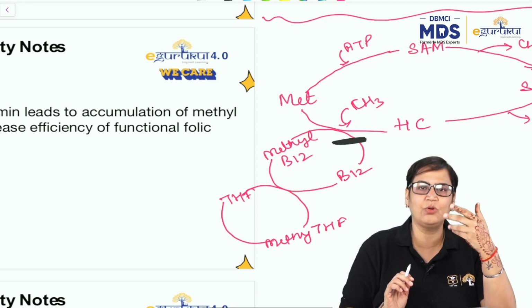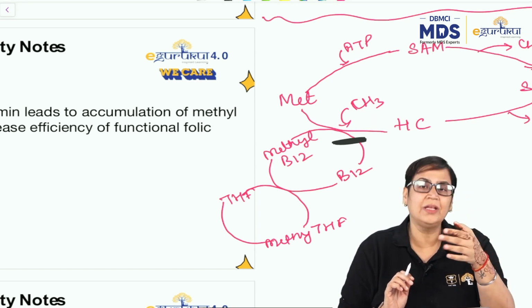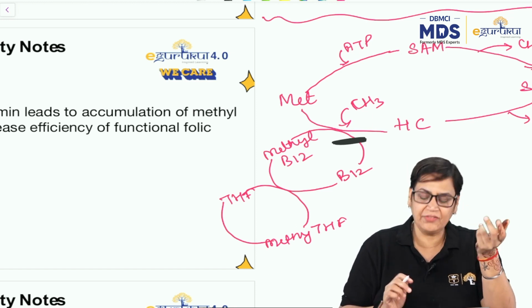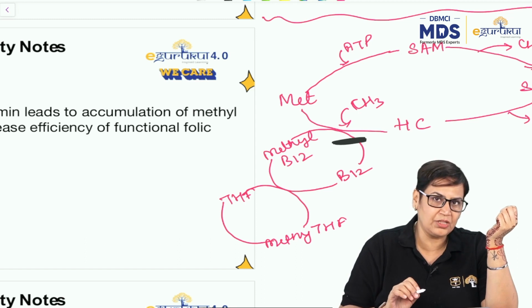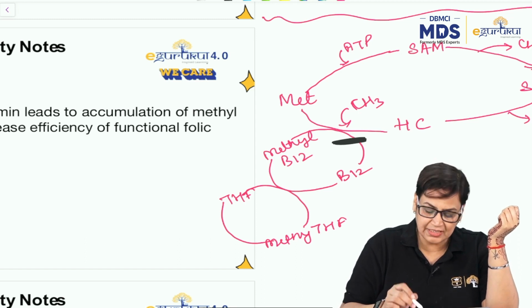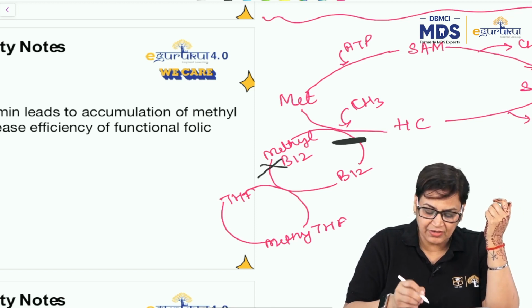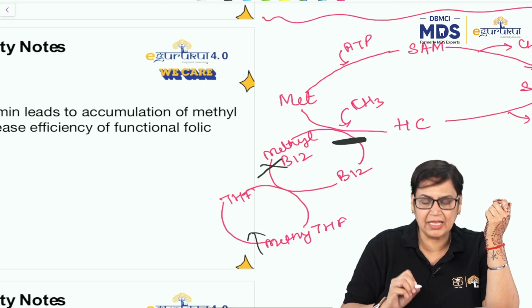Folic acid is handing over this methyl group to cobalamin so that it can give this to homocysteine to form methionine. If this B12 is deficient, that means this reaction cannot take place. If this reaction cannot take place, it will lead to accumulation of this methyl group.